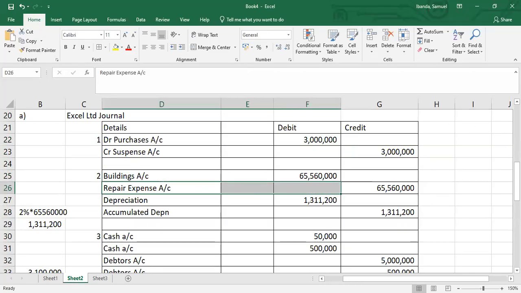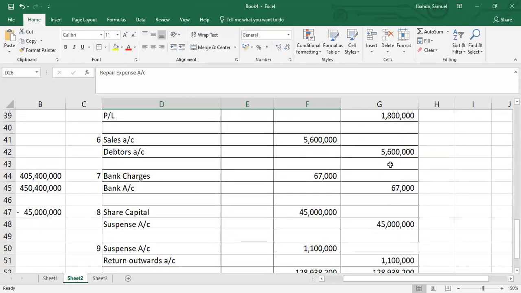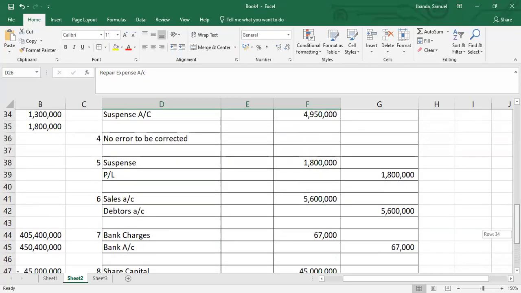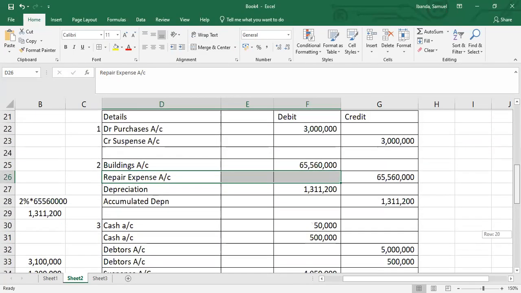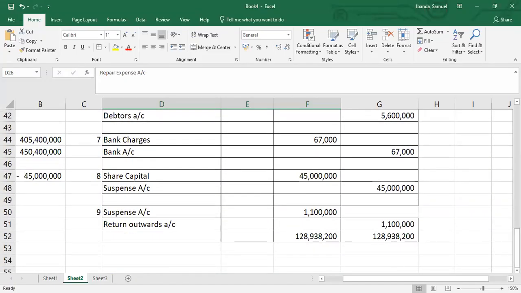So everywhere, you basically have to do what we call a corrected profit balance, okay? Each of these items would affect your profit, so you have to go ahead and look at that. Then finally, your trade payables, you also check to see if they are affected by any of these items. Did I have anything on trade payables? I definitely don't have anything. So my trade payables, I'll record them the same way, okay?